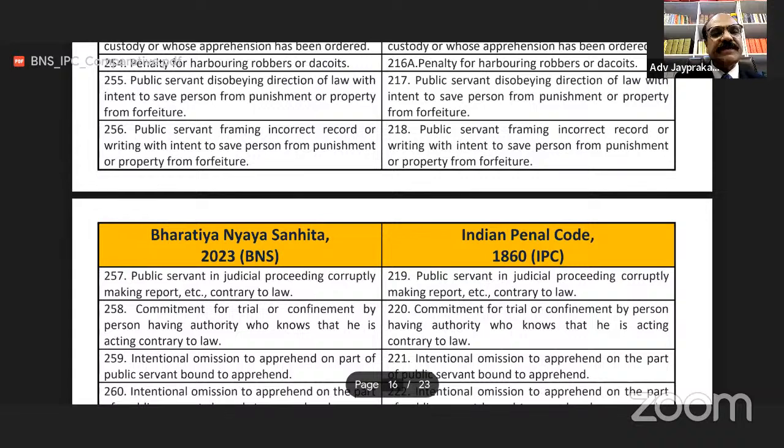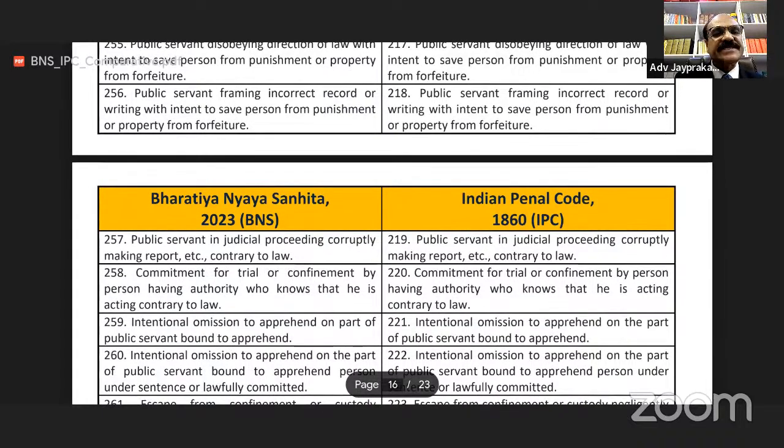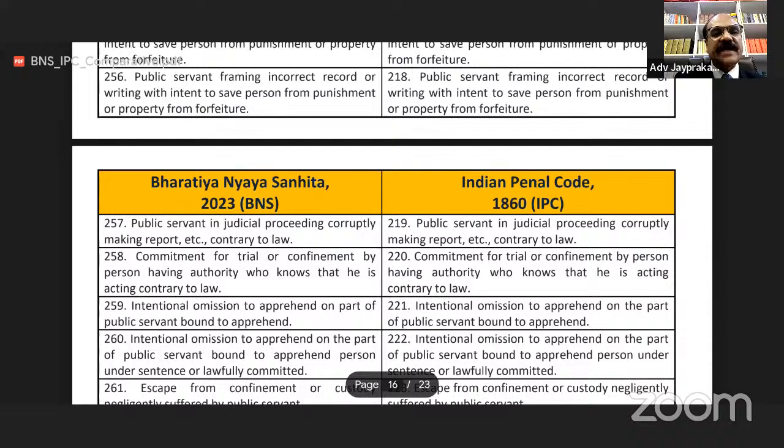BNS section 255, public servant disobeying direction of law with intent to save person from punishment or property from forfeiture. Earlier section was IPC 217.